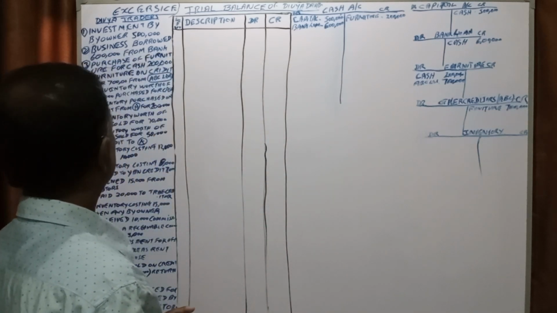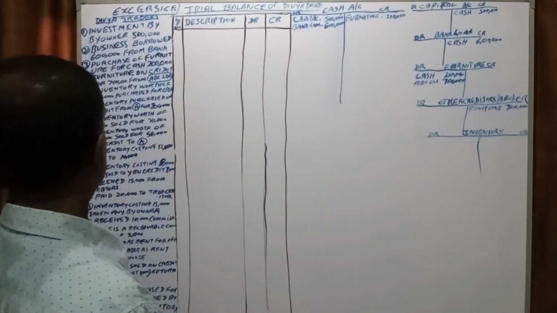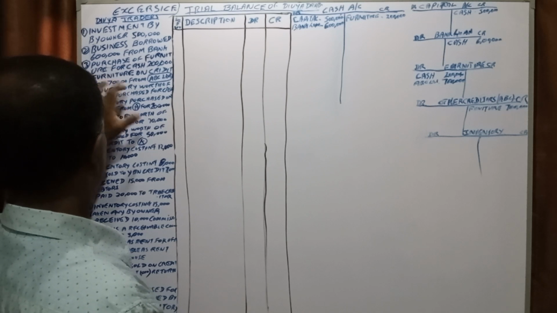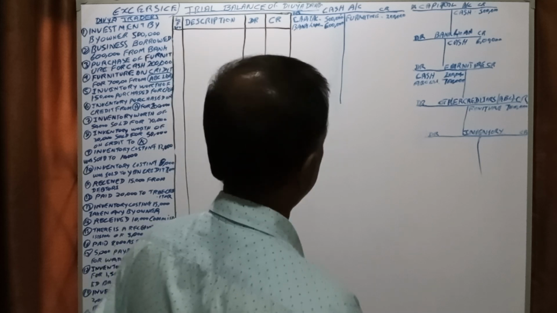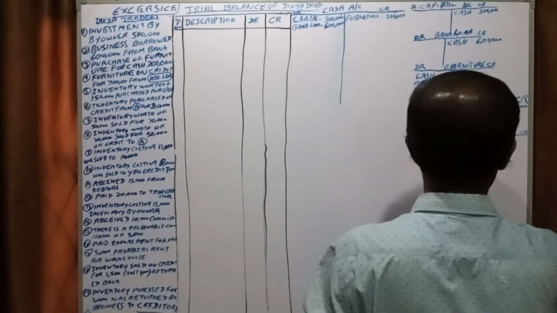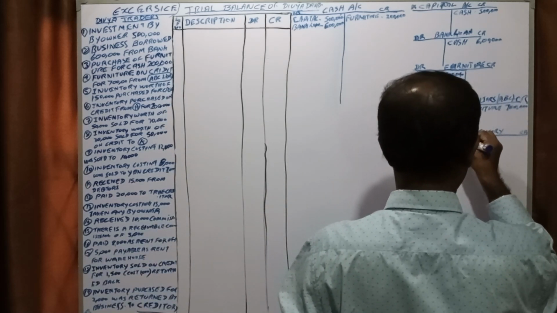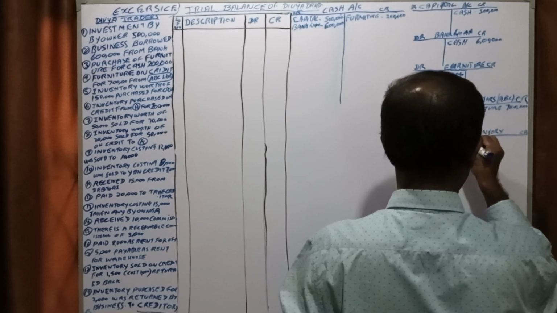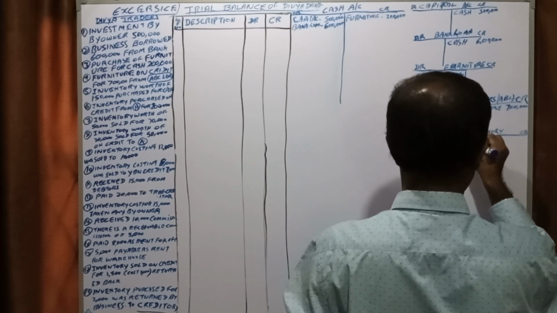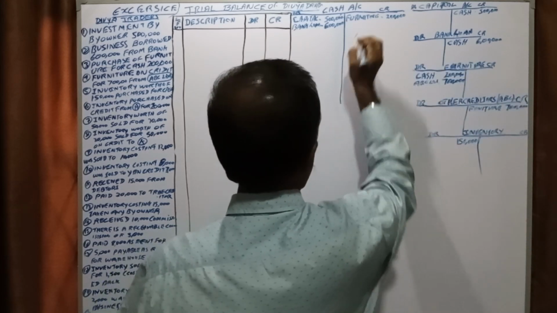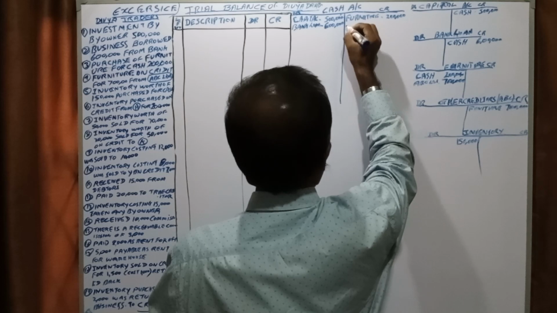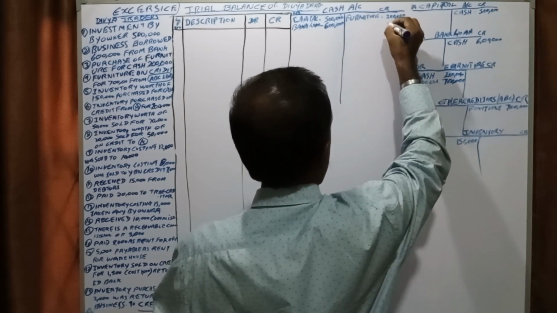Inventory account. Because she says inventory 150,000 worth of inventory was purchased. Inventory account debit 150,000. Cash account credit inventory 150,000.